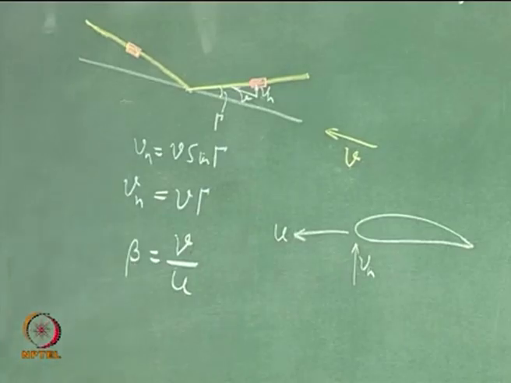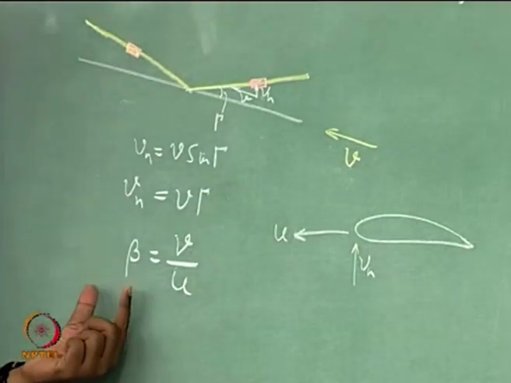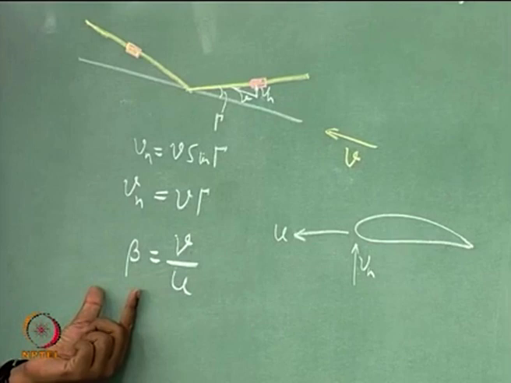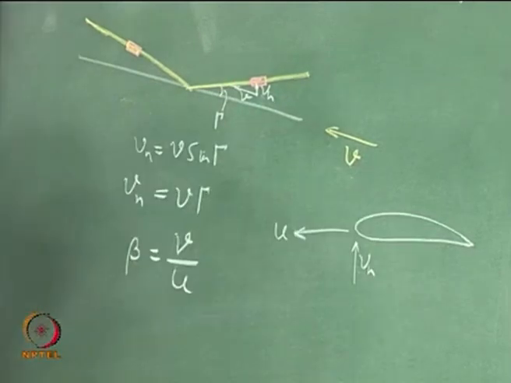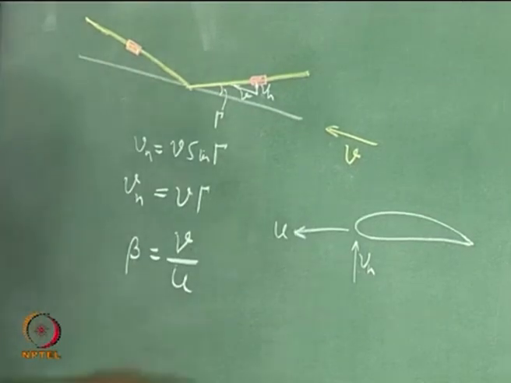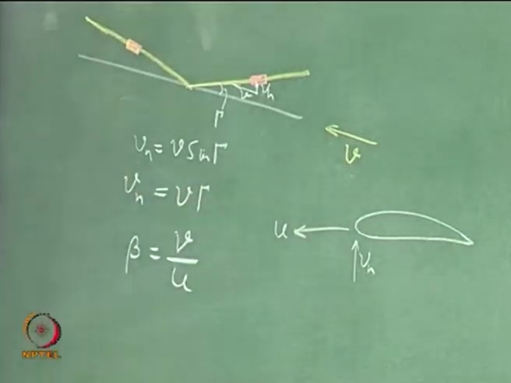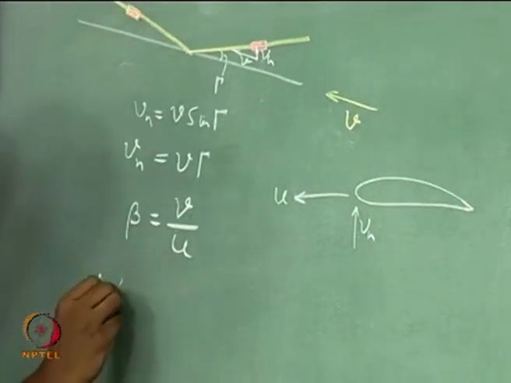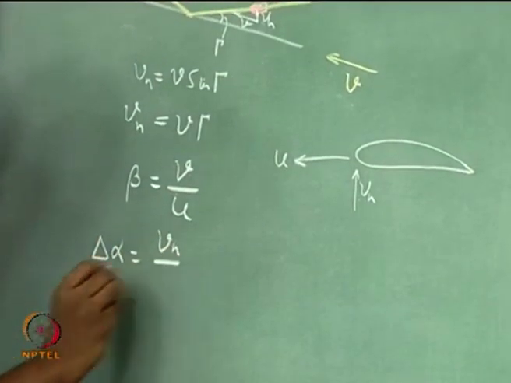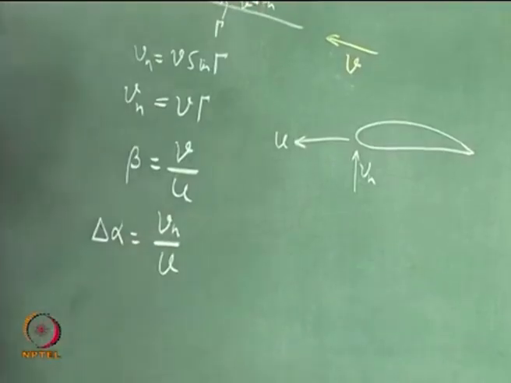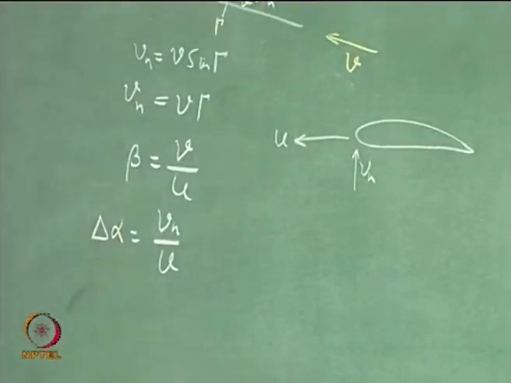So, this is how you will define the small angle beta. And I want to find out what is the corresponding change in angle of attack, and that change in angle of attack will be given by this, again small angle.